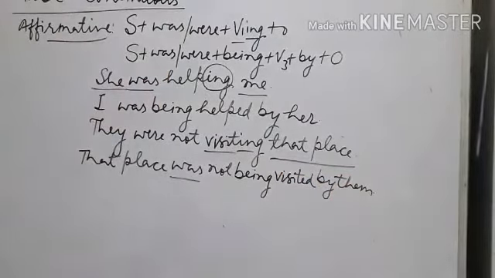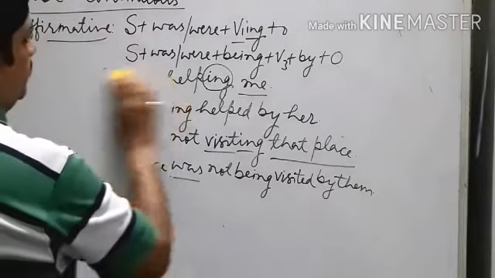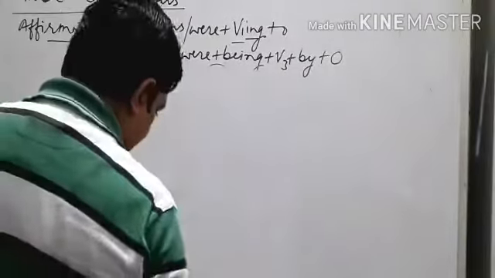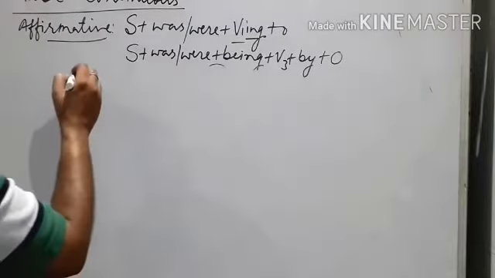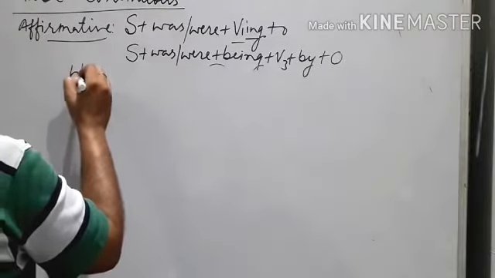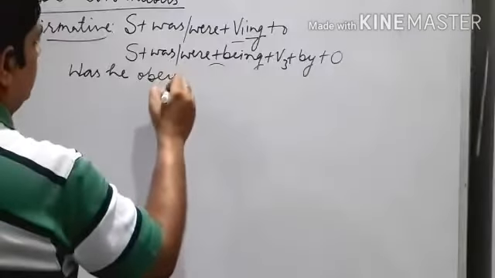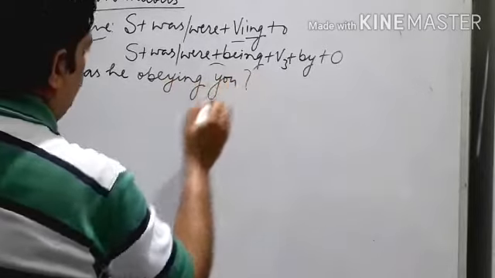Okay, easy. Now we do interrogative. Interrogative is more easy in comparison to simple sentences. Take this example. Was he obeying you?